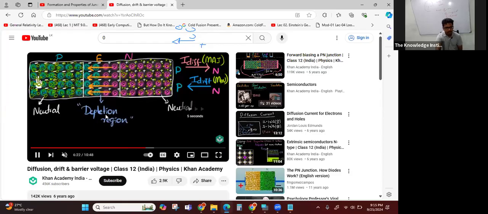So this has a negative charge, this has a positive charge. This side is electrically neutral, and this side is electrically neutral. But here there is a positive charge and here a negative charge. Therefore, there will be an electric field from the n side to the p side. That is called the depletion region or space charge region.